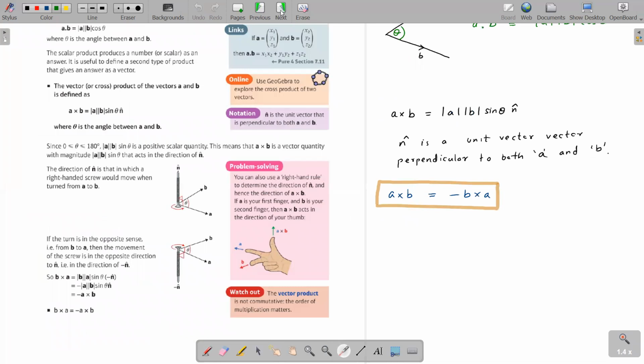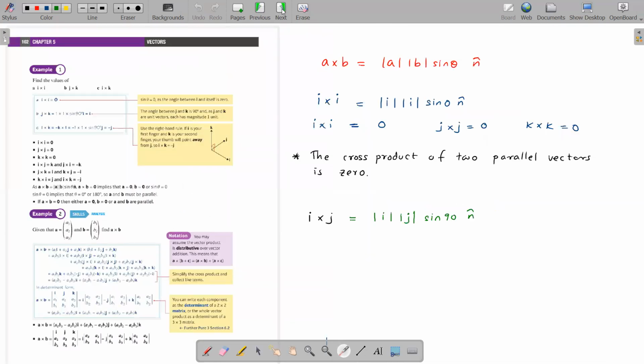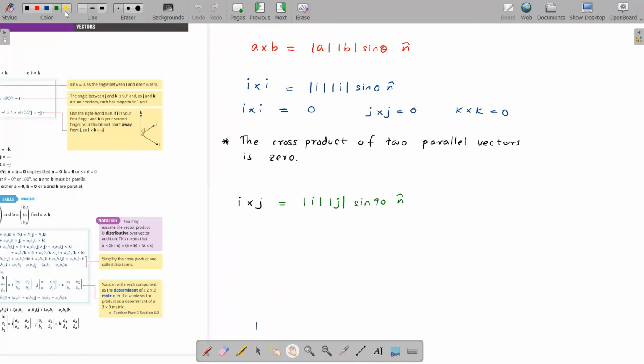I will show you an easy way to get this right hand rule, because it's a little difficult to show from the hand. Your n hat should be K, right? The decision is whether it's positive K or negative K. Instead of the right hand rule, I use a really simple rule.